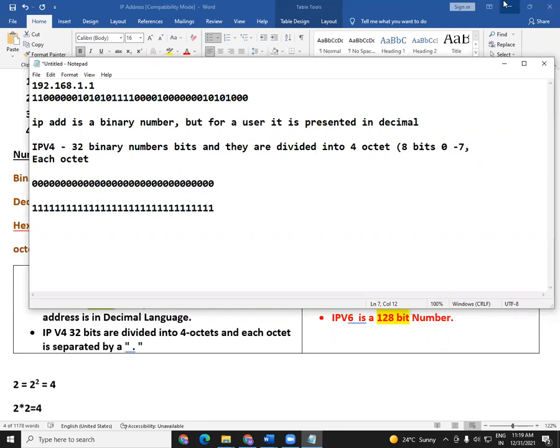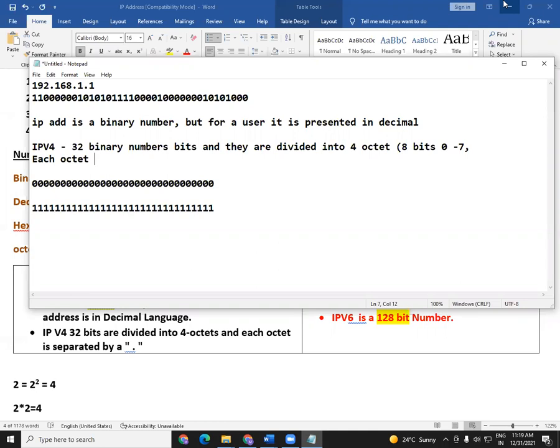Whenever you divide something, there should be some separation in between, right? Normally we use a dot, a comma, or a slash to divide numbers. So here, IP version 4 is 32-bit binary, divided into 4 octets, and each octet contains totally 8 bits.